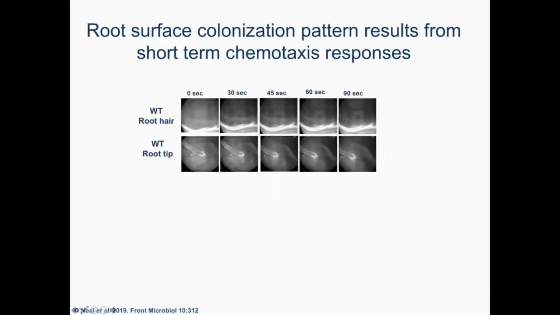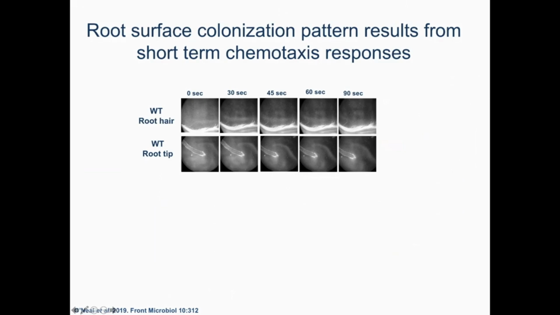And what we can see, this is the root here, and this is the root hair zone, and we place it in a pool of motile cells, we can see that there's a band forming over time. This is a time-lapse experiment, and you can see that that band moves toward the root hair.